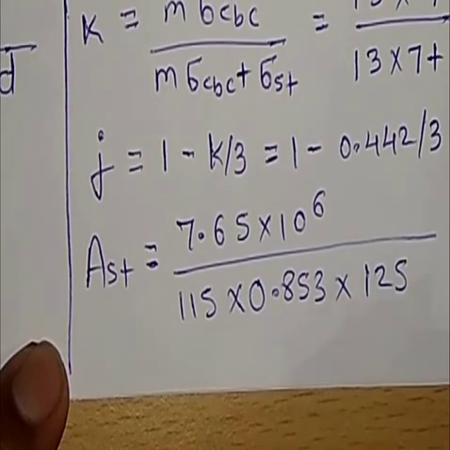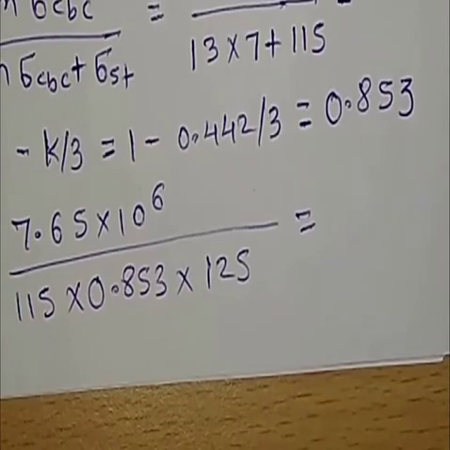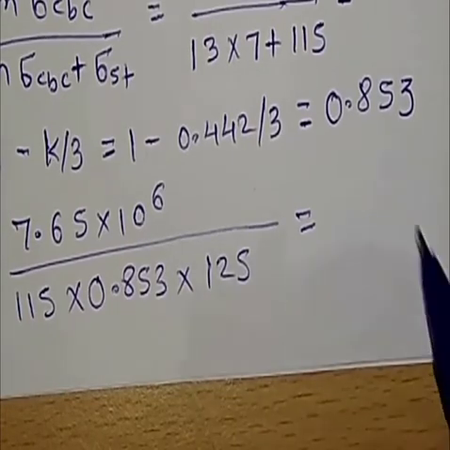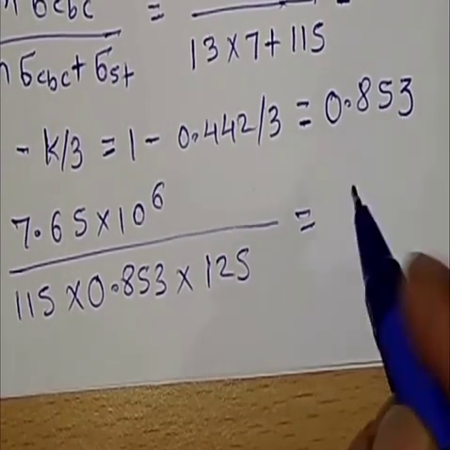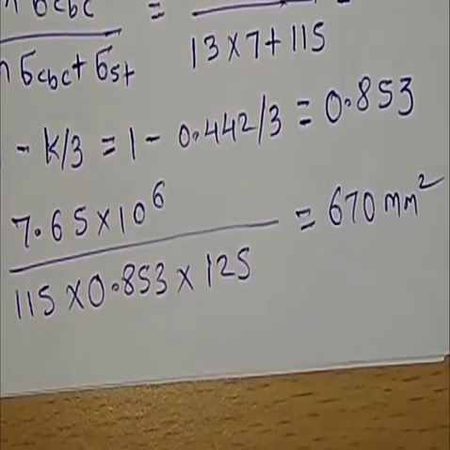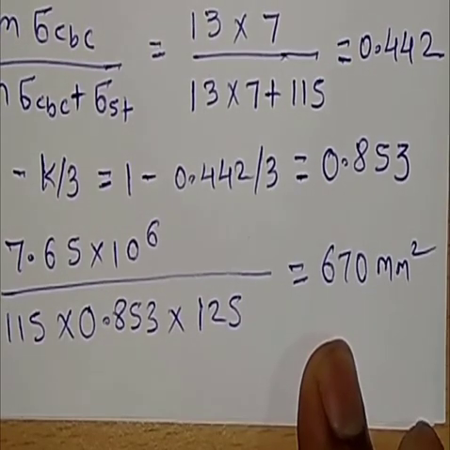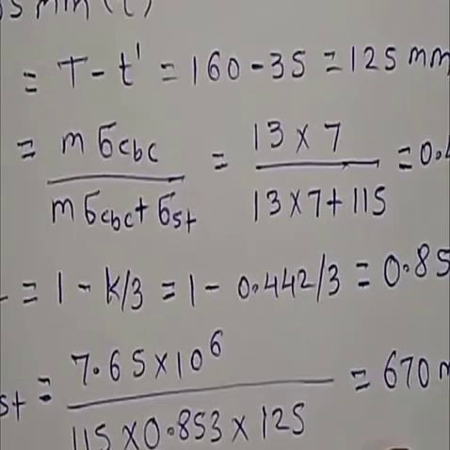This comes out to be around 670 mm square. So this is the area of steel.